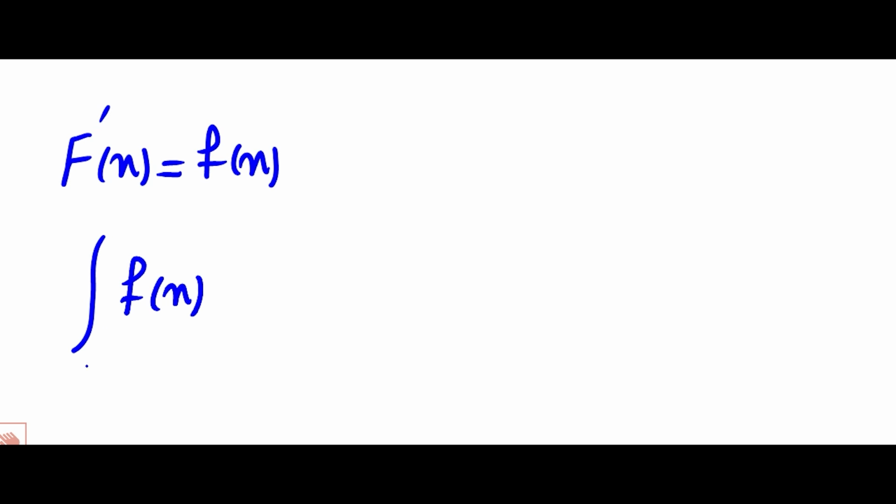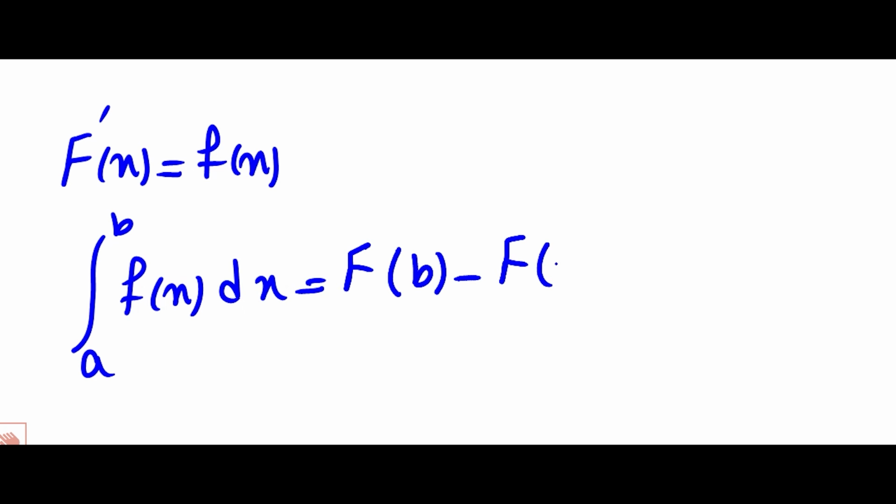So to compute a definite integral, we use the fundamental theorem of calculus. It means if F prime of x is f of x, then the integral of f of x from a to b dx equals F of b minus F of a.